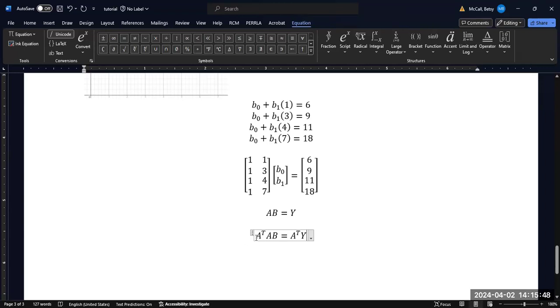The question will be, is A transpose A solvable? Is it going to give me a unique solution, or is it going to be dependent? The main condition that we have here is that the columns of our original A matrix have to themselves be independent. And if they are, then the columns of our A transpose A will also be independent.